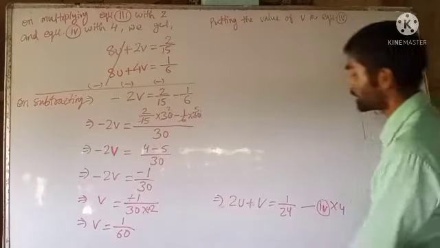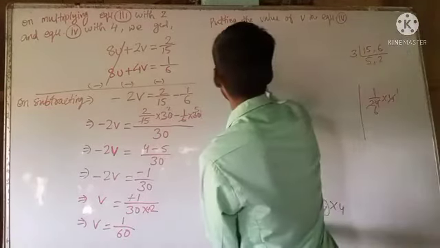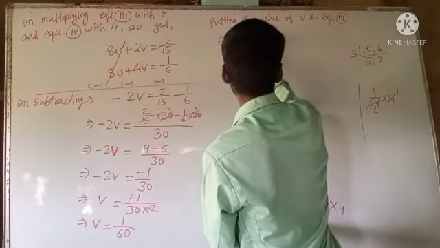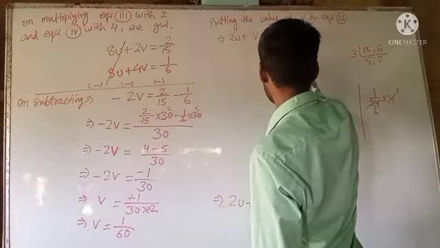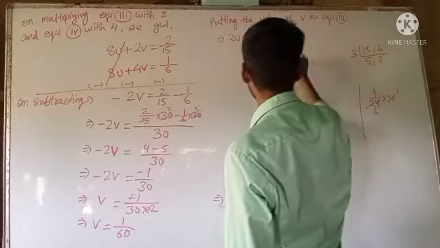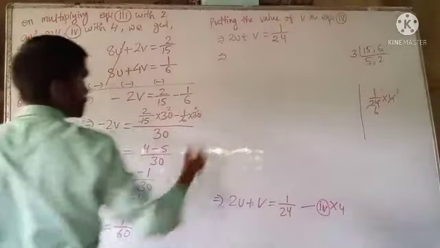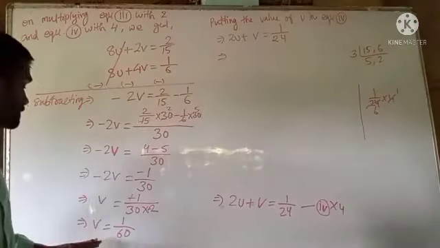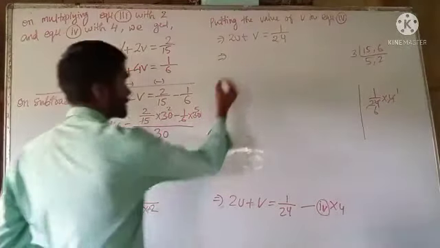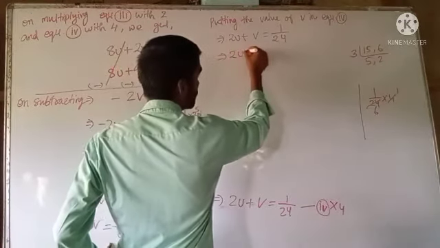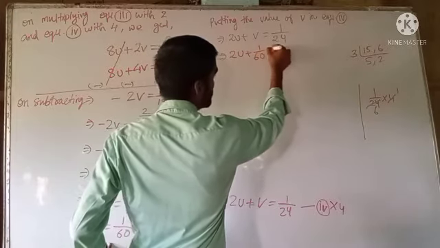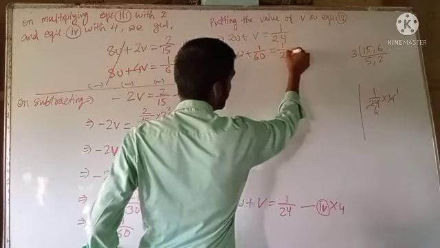So equation 4 here it is 2u plus v is equal to 1 by 24. So for v we will place 1 by 60. So 2u plus 1 by 60 it is equal to 1 by 24.